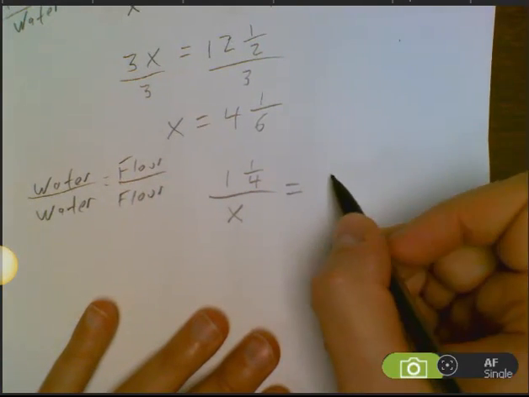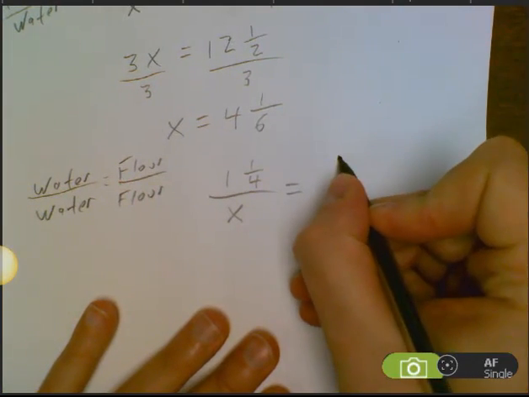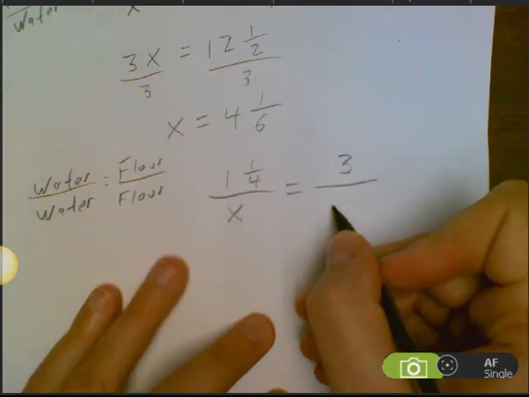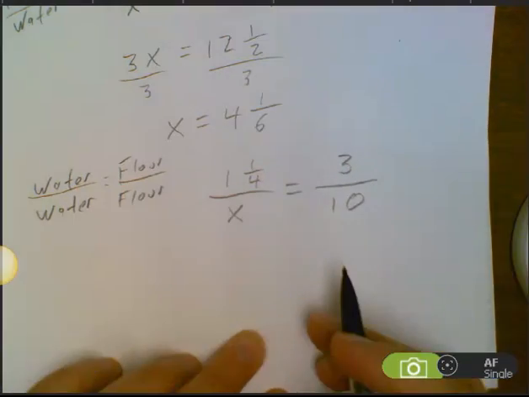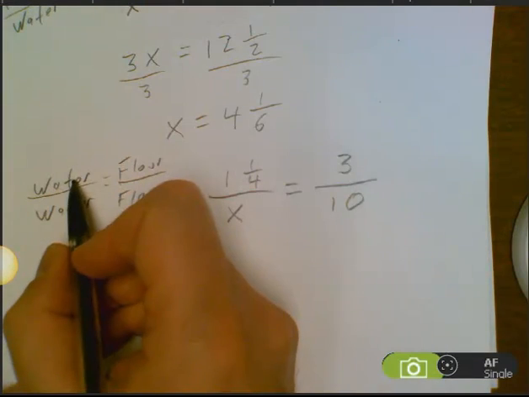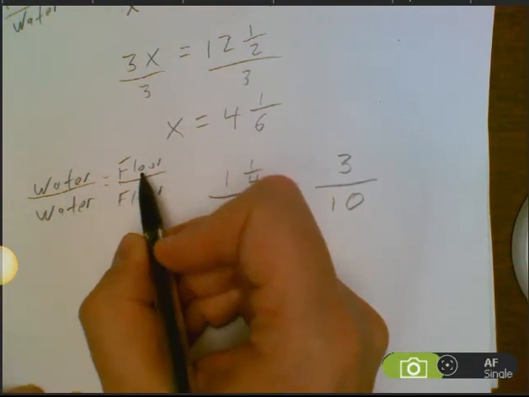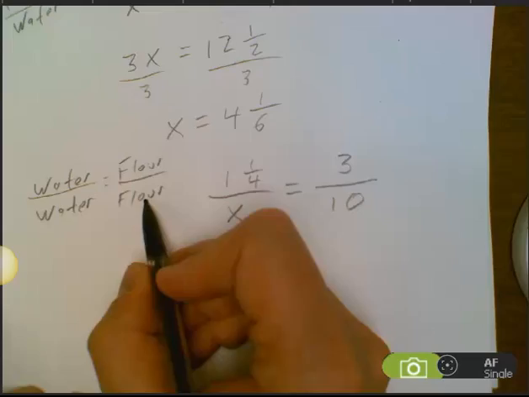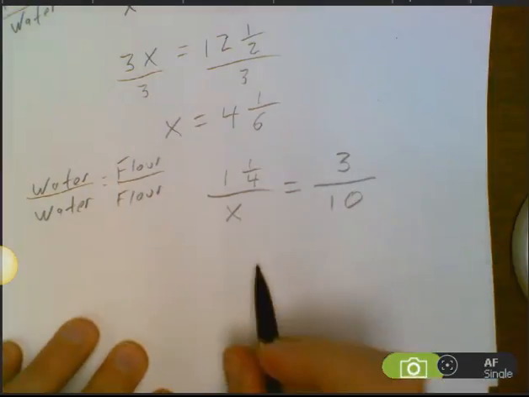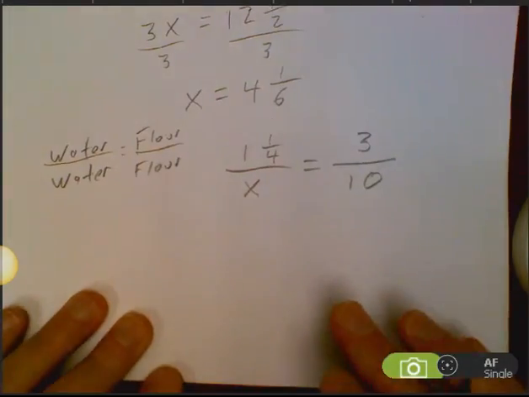Flour in the old was 3 and flour in the new recipe is 10. So we got water old over water new equals flour old over flour new. And again, we'd end up with the same exact thing.